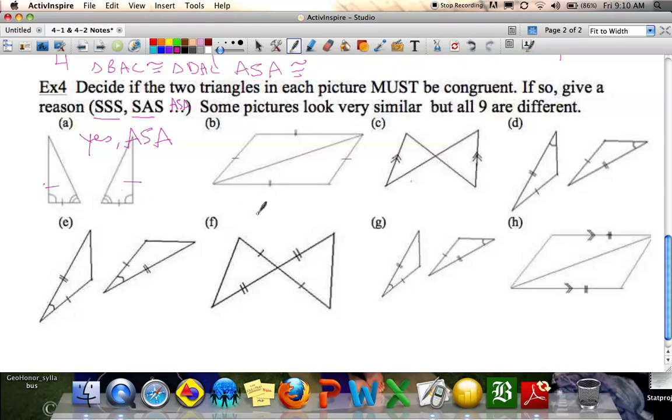See that? This one, you have these sides congruent, these sides congruent, and the third by reflexive. So it's side, side, side. And I'd like you to finish these on your own for practice, and we'll discuss it in class tomorrow.